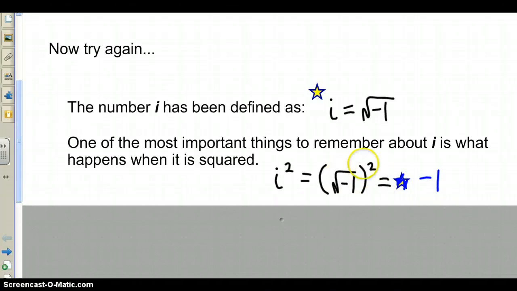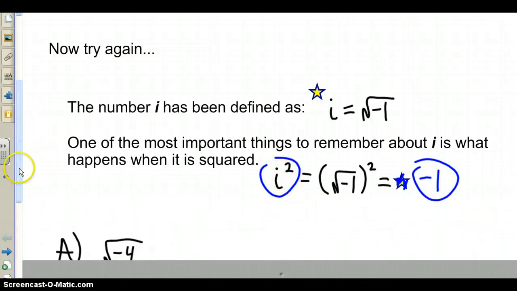It just falls off. So you need to memorize that i squared is equal to -1, which is really unique because we have i, which is imaginary, and -1, which is real. So if you get two i's multiplied together, you actually get a real number, -1.